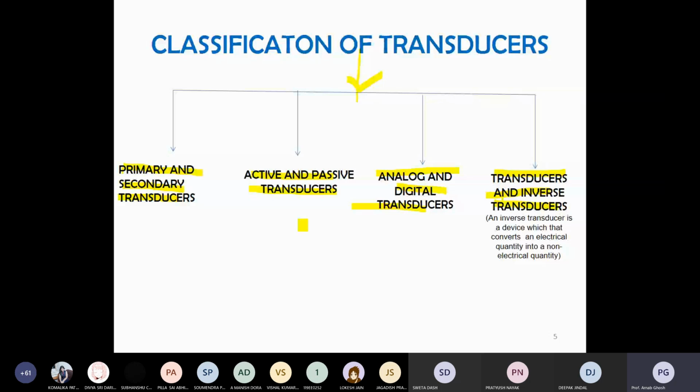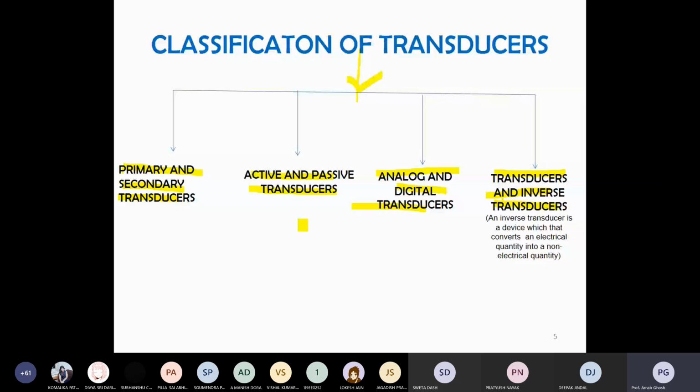But in case of a secondary transducer, it cannot directly take the data. Sometimes the range of the physical quantity is too high, so directly they are not able to take that value.